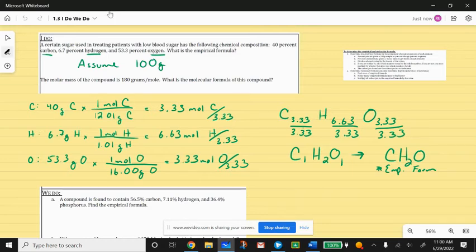Now, it tells us that the molar mass is 180 grams per mole. So how do we know that we don't already have the molecular formula?